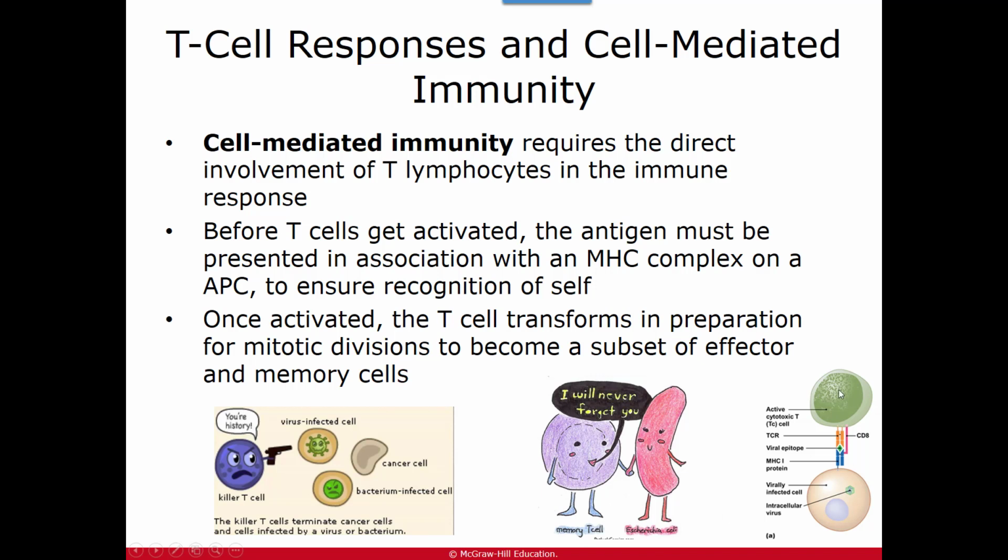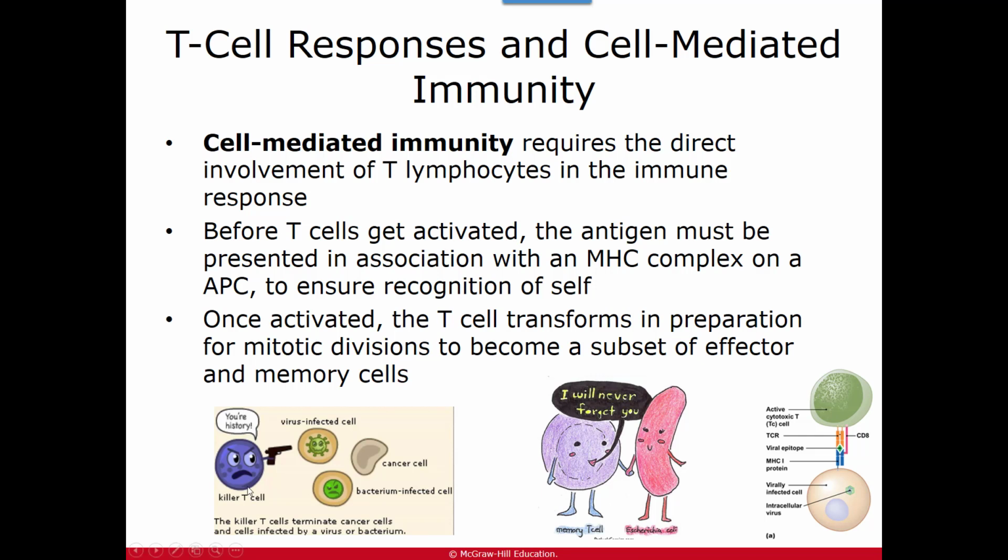Because this T cell cannot become activated and recognize a virus that's inside of a cell. It can only recognize some structure that's attached to an MHC1 or 2. Once activated, again, it's going to make copies of itself, and it can become effector cells to go kill or go help, depending on what kind of T cells, and it can make memory cells.